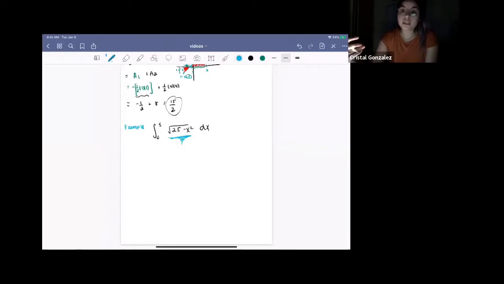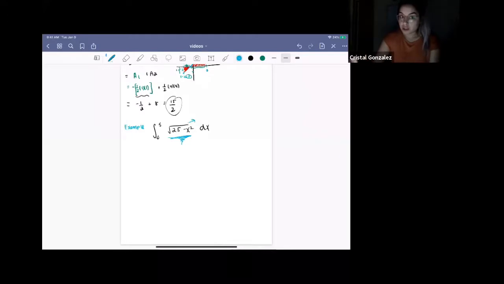It won't be as easy, it's going to be stuck in a square root. And so at some point we're going to have the square root of i, which we don't have a formula for. So we don't want to do that using our Riemann sums. That would be crazy.